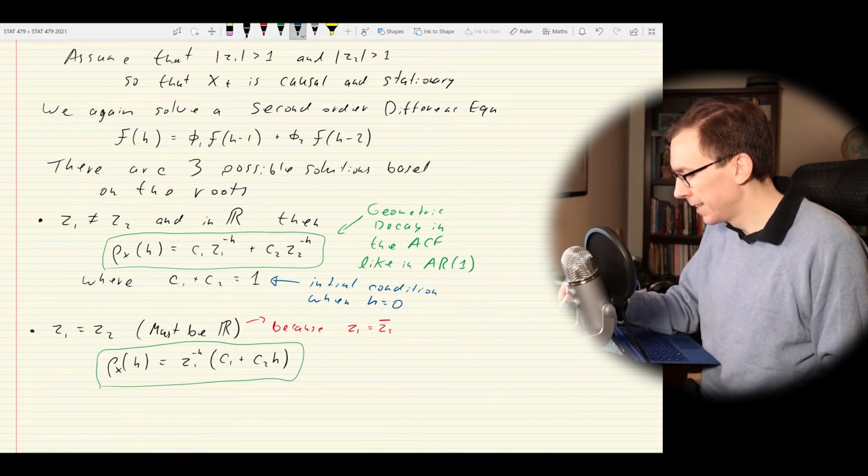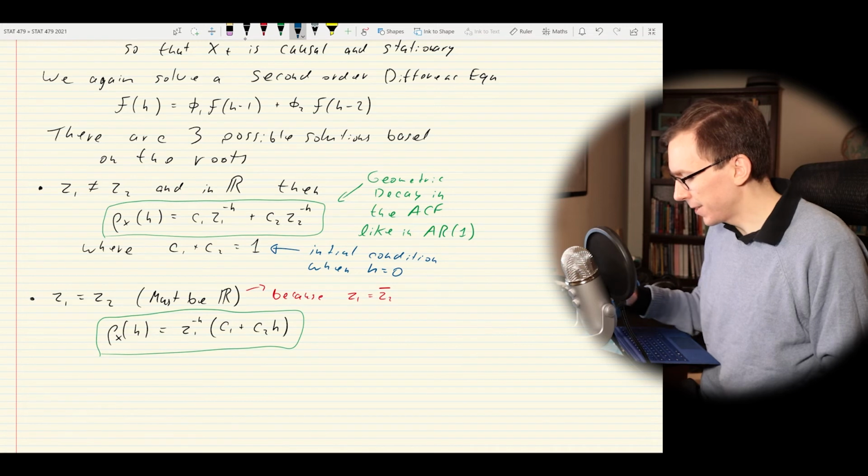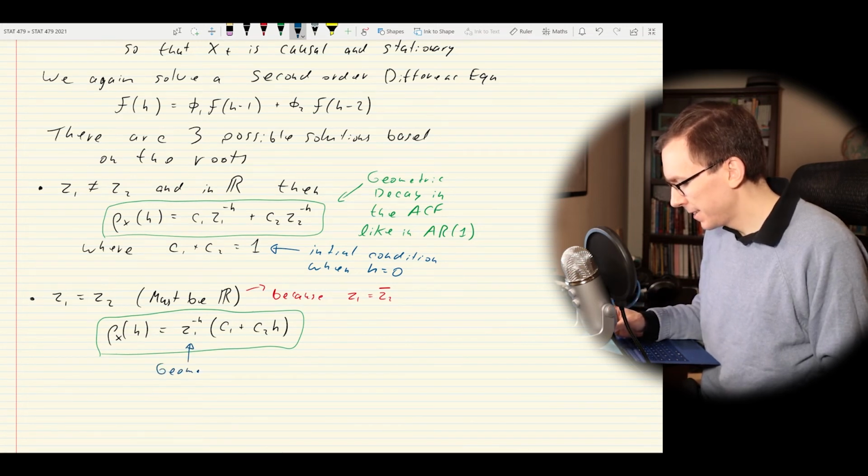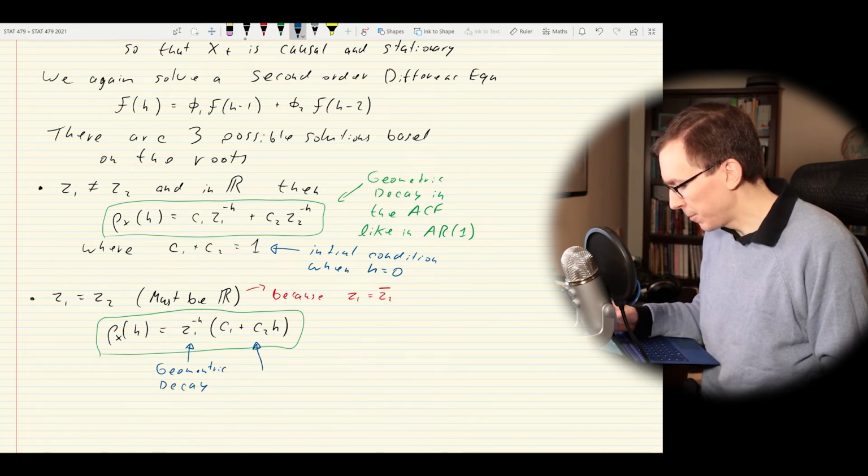So again, we have 2 things going on in this equation. We have a geometric decay here, but we also have this peculiar kind of linear piece.